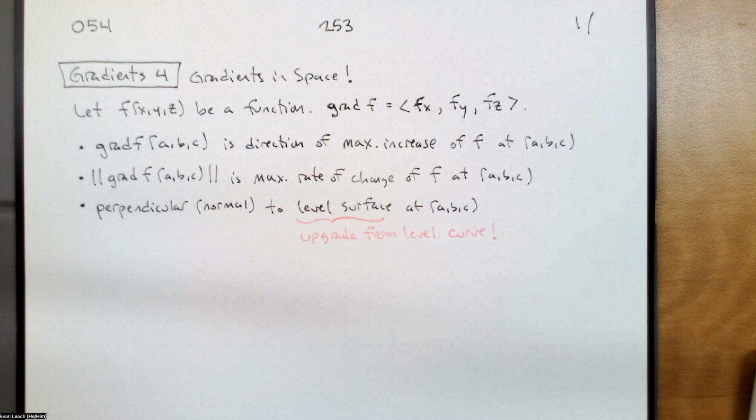That's why instead of just saying perpendicular, I have to say normal. Normal is just perpendicular. The gradient was normal to the level curve, but we've been using that in the context of planes a little bit more often. So the gradient is the direction of maximum increase, just like before. The magnitude of the gradient is the maximum rate of change of the function, just like before. And it is perpendicular to the level surface. And this is the part we have to talk about, level surface.